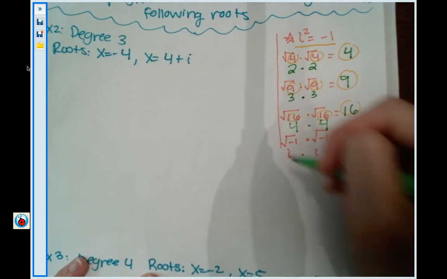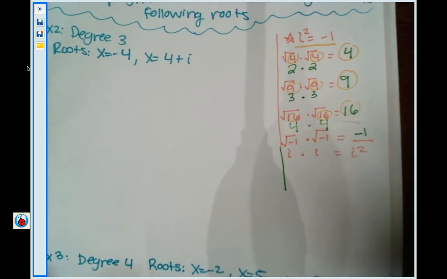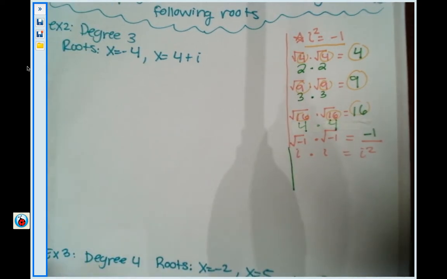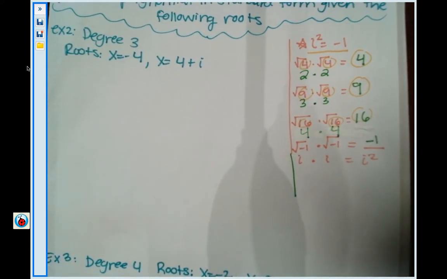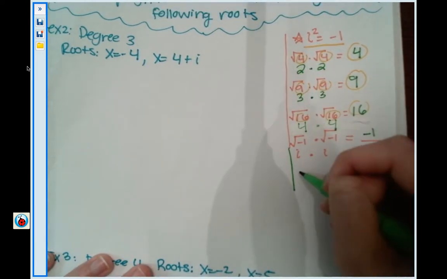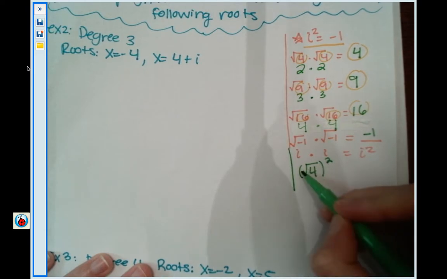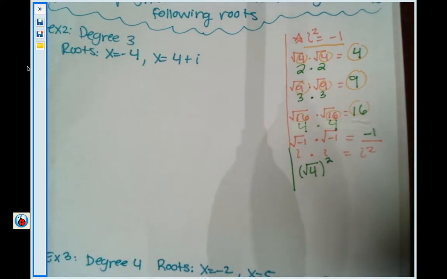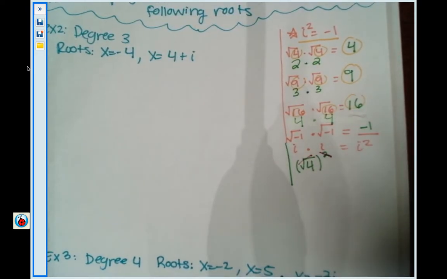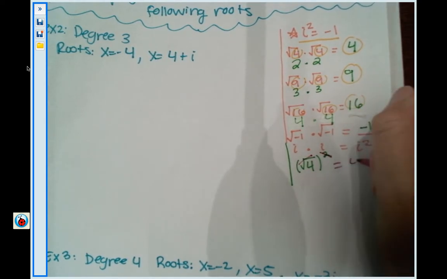Another explanation of this, you guys: when we square something, that undoes a square root because they're inverses of each other. Like if I square a root 4, the square undoes the radical, so these two undo each other, and they equal 4.